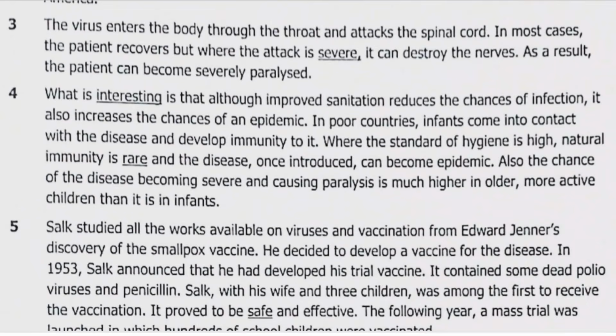What is interesting is that although improved sanitation reduces the chances of infection, it also increases the chances of an epidemic. In poor countries, infants come into contact with the disease and develop immunity to it. Where the standard of hygiene is high, natural immunity is lower, and the disease, once introduced, can become epidemic.